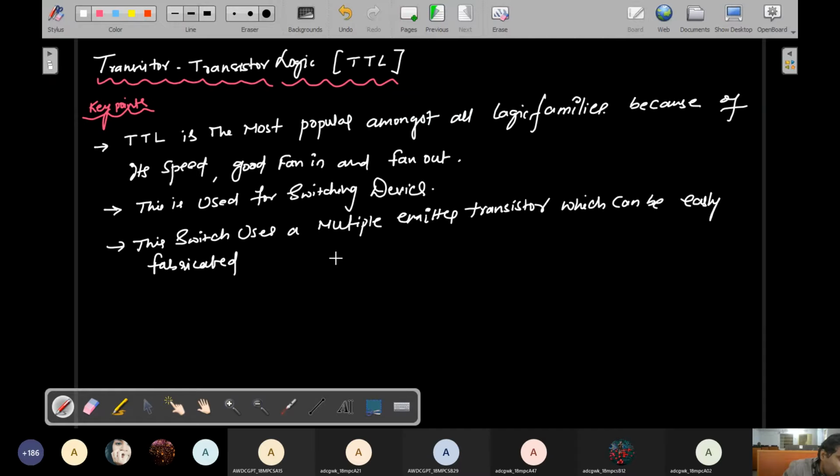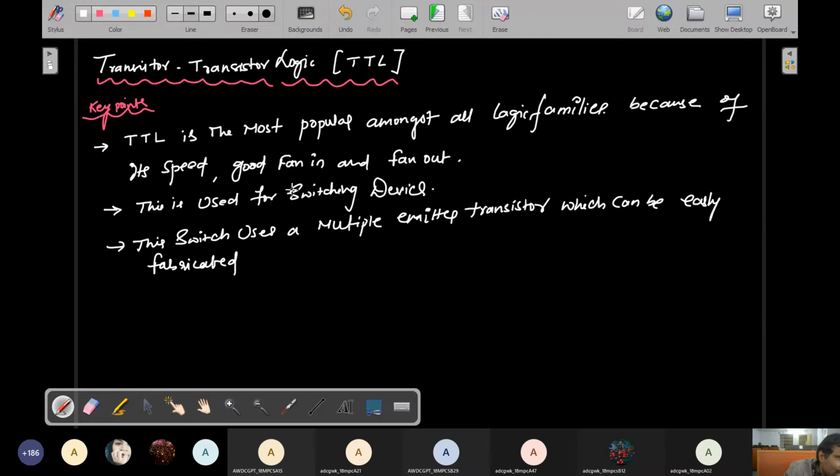If I draw the circuit diagram, you can understand what a multiple emitter transistor is. Generally it means the emitter terminal of one transistor is used for multiple inputs. That is the reason it is called a multiple emitter transistor, and it can be easily fabricated.